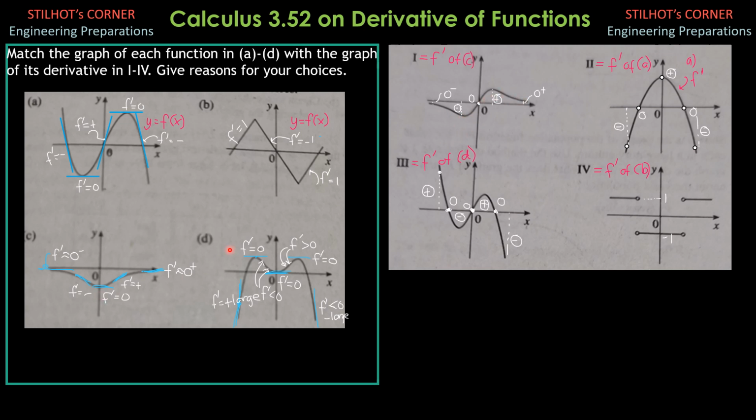Then finally, D. So first, the slope here is large, positive and large. So that's why it is positive here and large. Then it is 0 at this point. So that's why we have 0 here. It crosses 0 there.